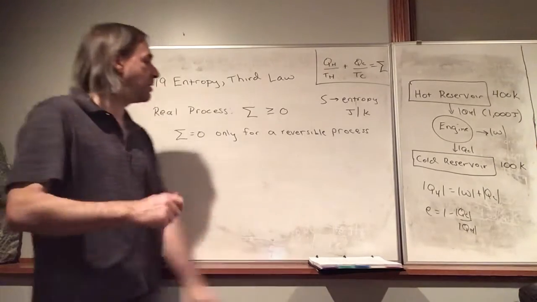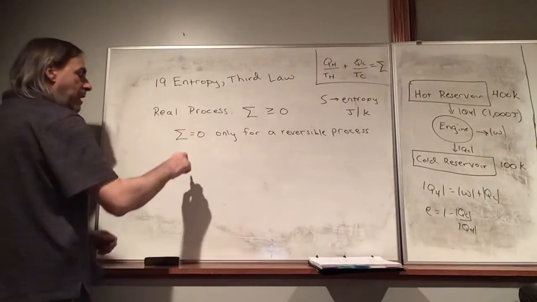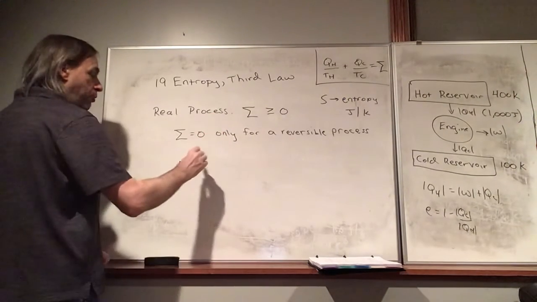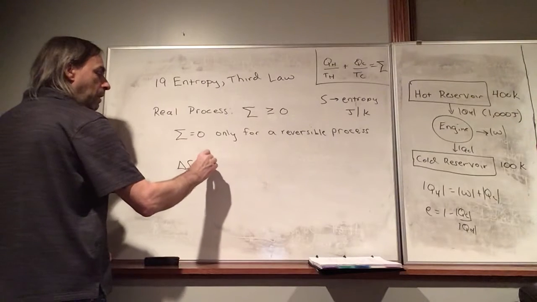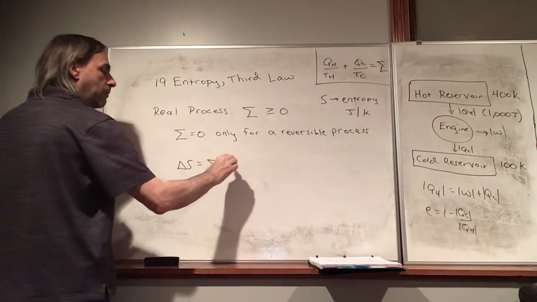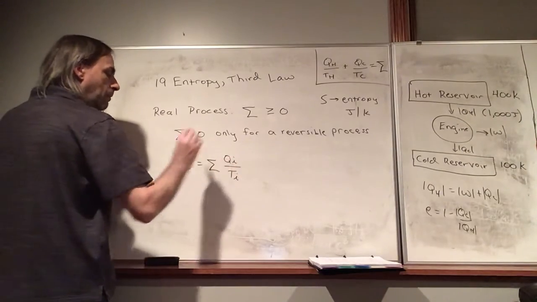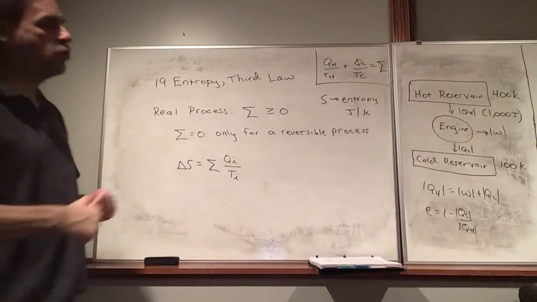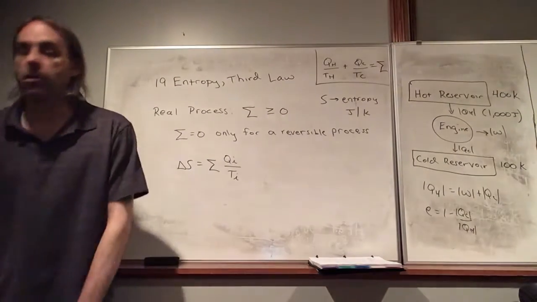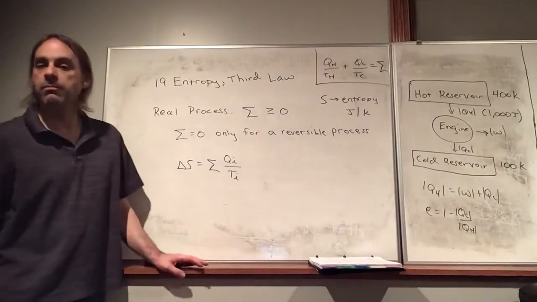What we're going to do is just define the change in entropy. That's equal to the sum. We're going to write it this way. And the reason why, we only have two parts to our system, like a hot reservoir and a cold reservoir, but in general, your system can have more parts to it.